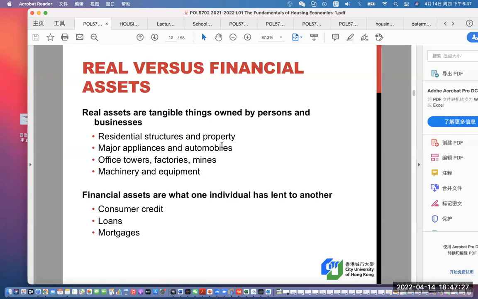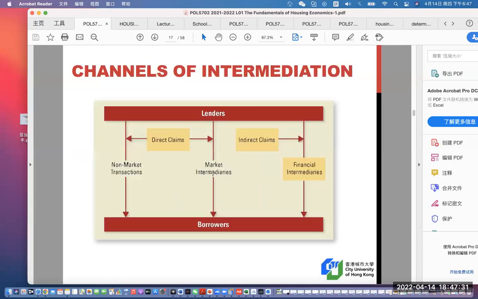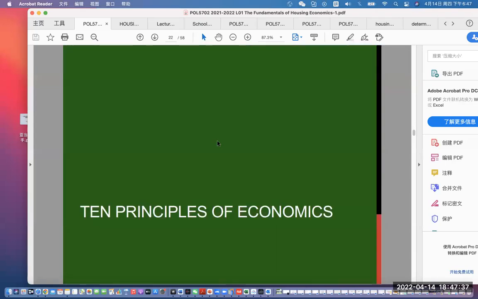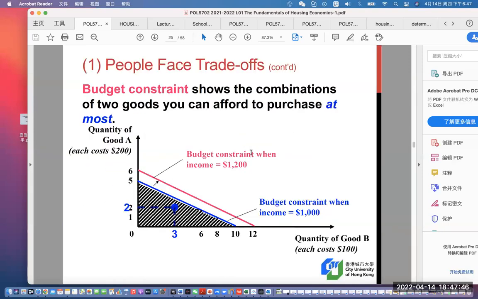Real versus financial assessment, we can pass, because we're mainly talking about the financial system, which is quite easy. The 10 principles are the major highlights, which are very important. The first one is trade-off, right? We would not go through this in detail, but this would help you understand what is meant by trade-offs.